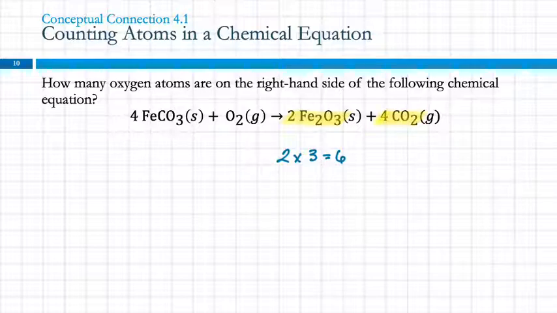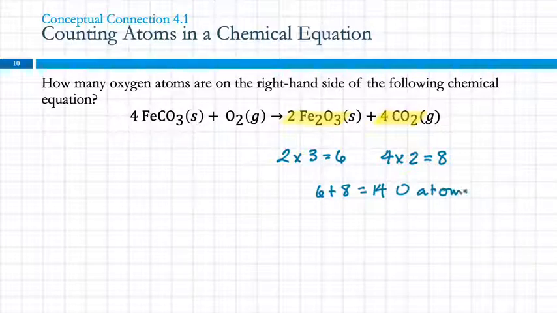And then over here, how many oxygen atoms? 8. 4 times 2. Each CO2 molecule has 2 oxygen atoms, and there are 4 of them, right? So a total of 8. And so over on the right side, we have 6 plus 8 is 14 oxygen atoms. Any questions about that?